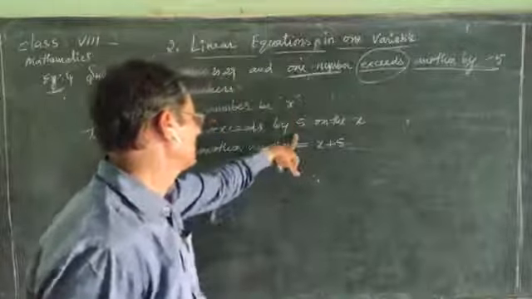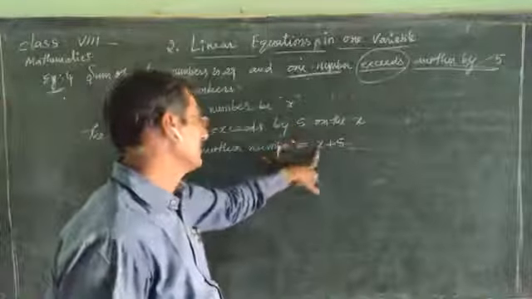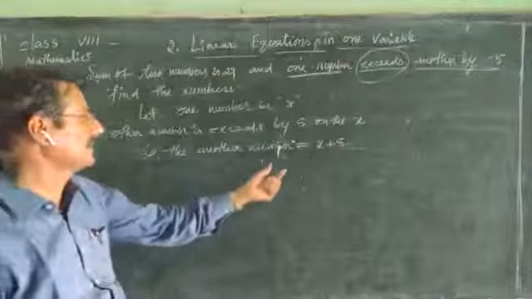The second one is 5 more than this x. So we get the second number equal to x plus 5.